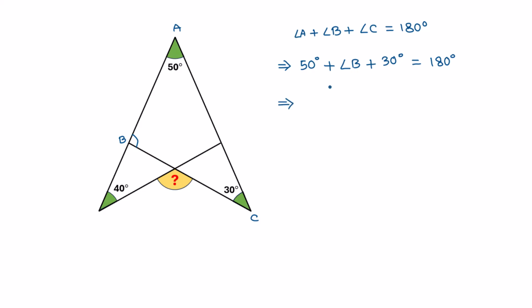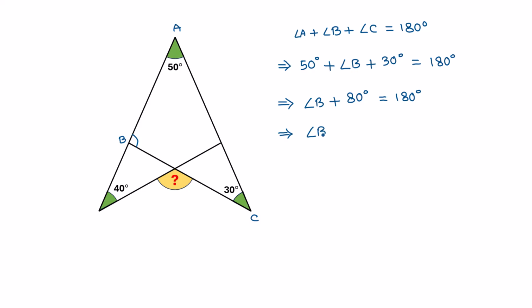Or this angle B plus 50 degrees plus 30 degrees, this is 80 degrees, is equal to the right side 180 degrees. Now taking this 80 degrees to the right side, we will get the value of angle B.